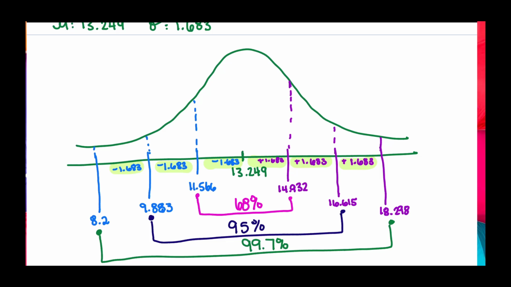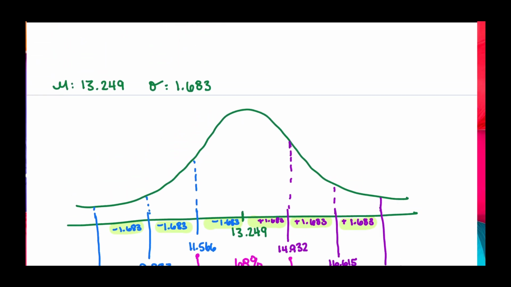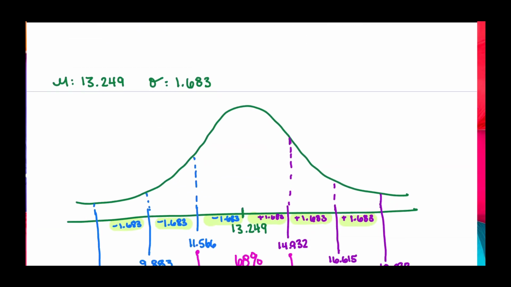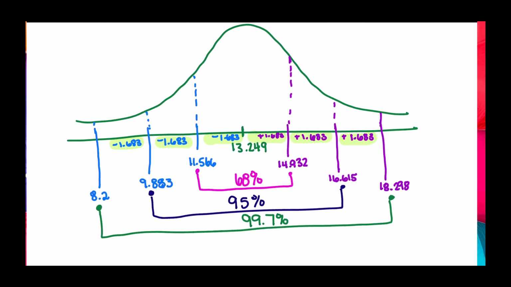And so once you have that, then you can answer any of the questions that they have up here. So let's scroll back up and see what those questions are. What are the boundaries for 95% of the data? So let's look. So 95% of the data falls between 9.883 and 16.615, because 95% is between 2 standard deviations above and 2 standard deviations below.